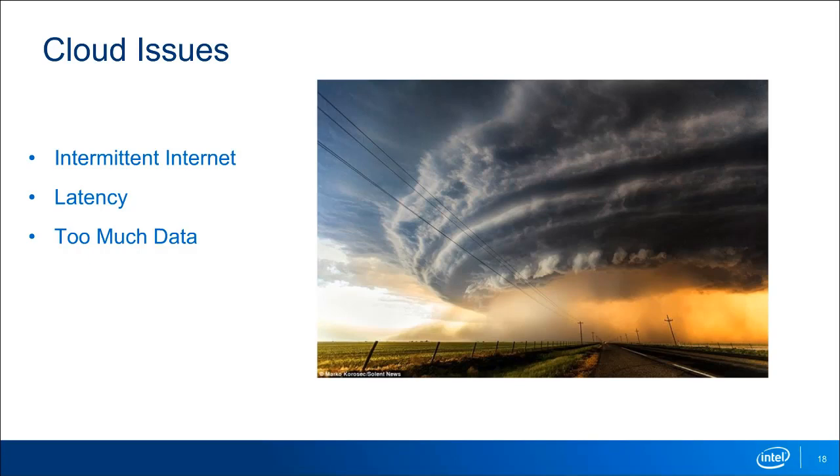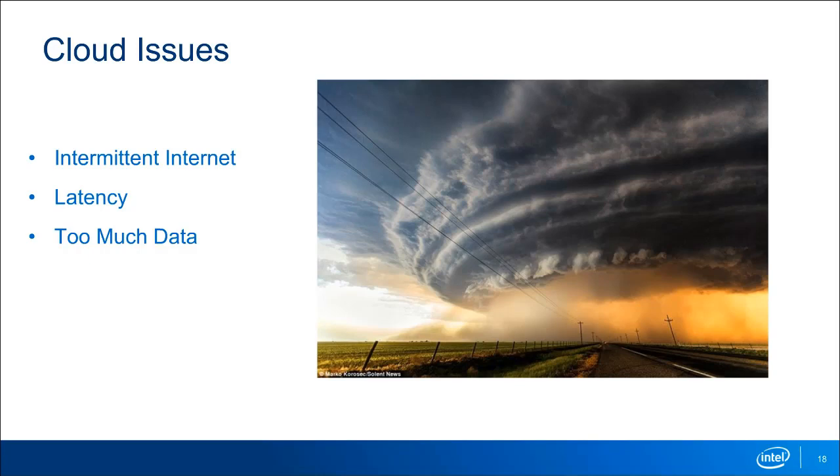There could also be issues with latency. So AWS is a massive system, and it has servers all over the world. And while usually it operates with a negligible amount of latency, if your control system has very high timing requirements, even 50 or 100 millisecond latency can become a huge problem.